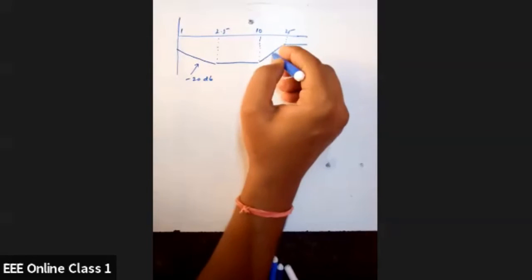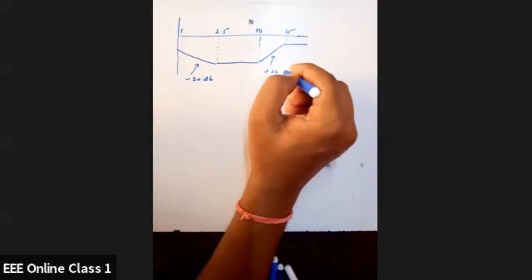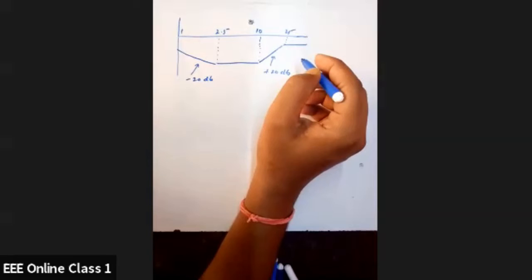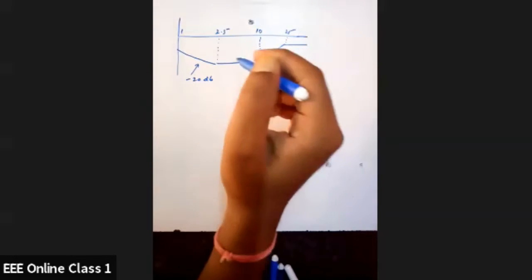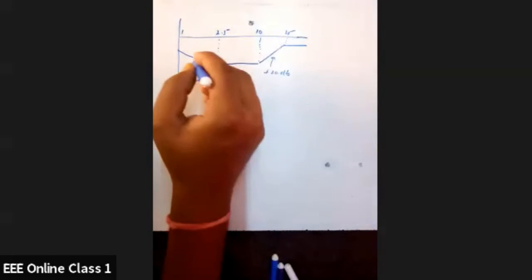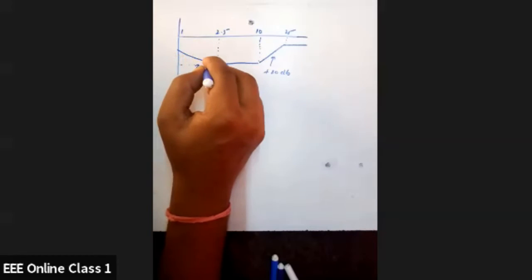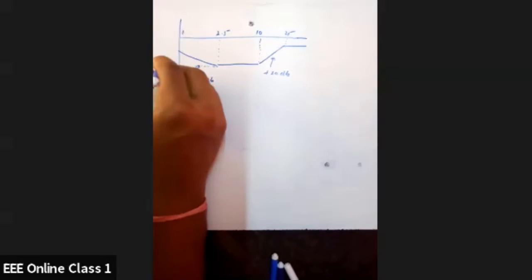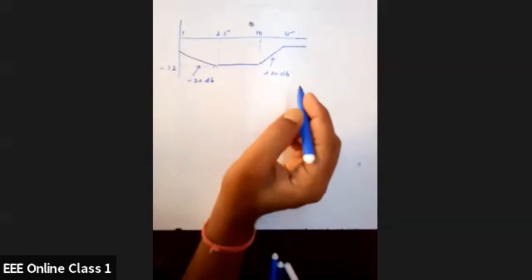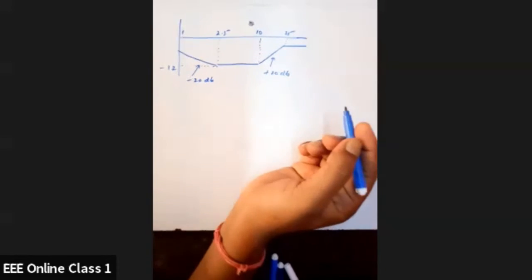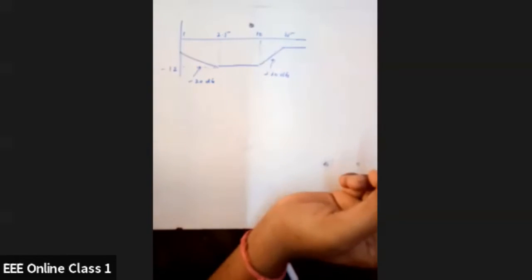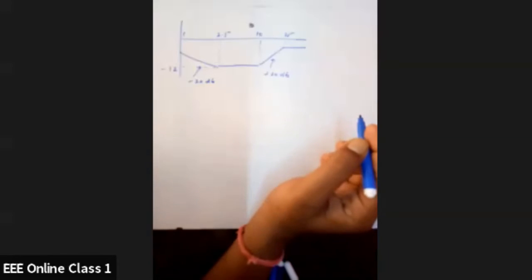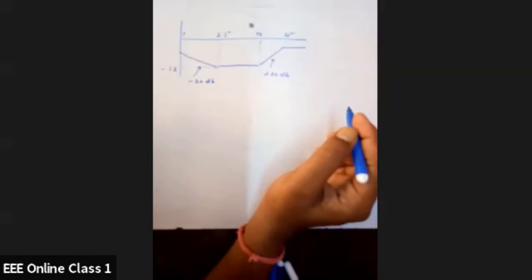The slope of this is plus 20 dB, and this is 0. And this part is given. This is minus 12. Now let us find the transfer function for the system given in the above figure.